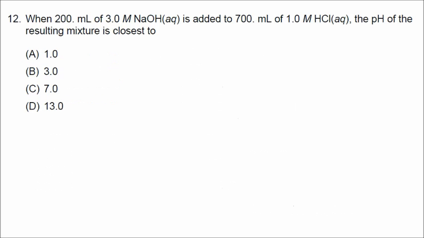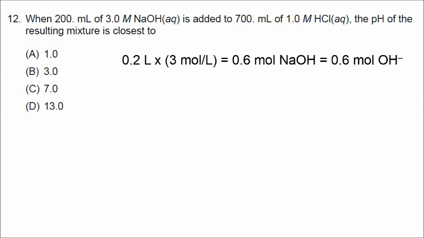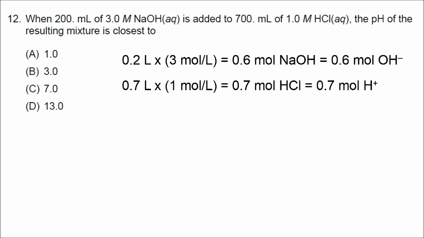For number 12, we are mixing 200 milliliters, or 0.2 liters, of a 3 molar solution of sodium hydroxide, so 0.2 times 3 is 0.6, 0.6 moles of sodium hydroxide, or 0.6 moles of hydroxide ions. We're mixing that with 700 milliliters, or 0.7 liters, of a 1 molar solution of HCl.